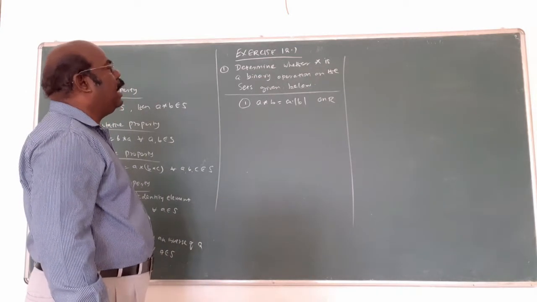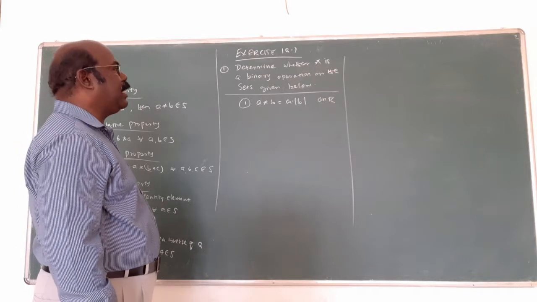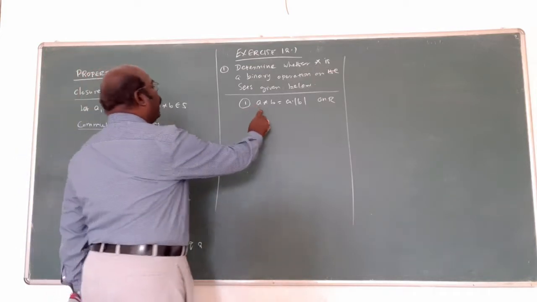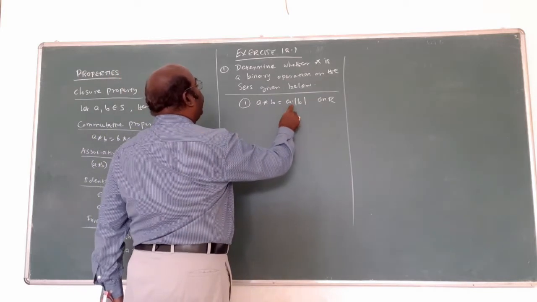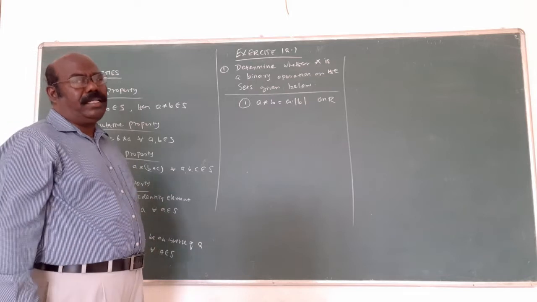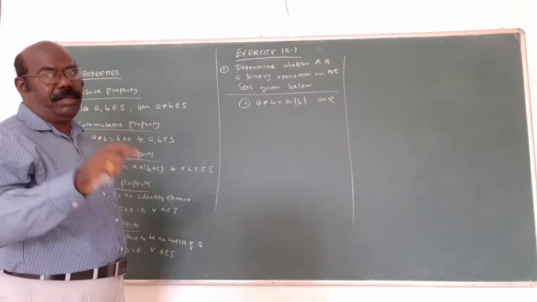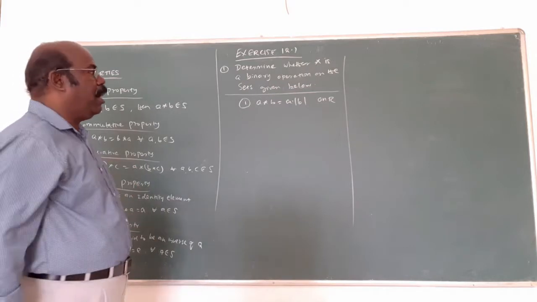First question. Determine whether star is a binary operation on the sets given below. A star B equals A into modulus of B. R means what? Sorry, real number. Q is rational number, R is real number.